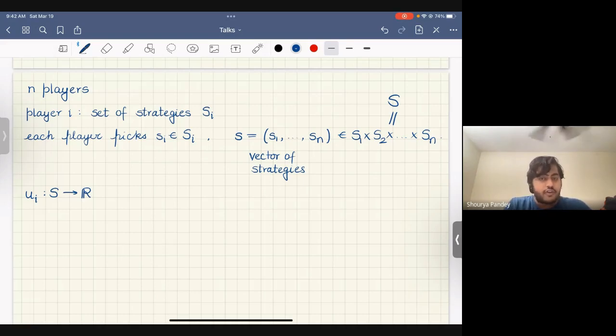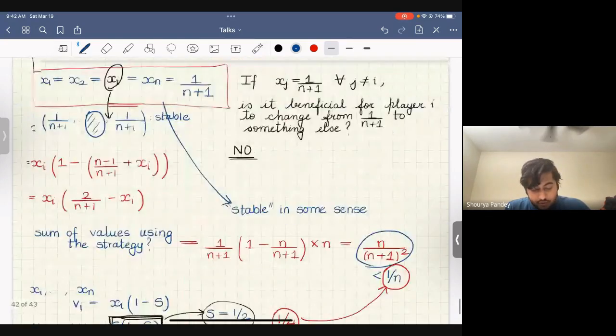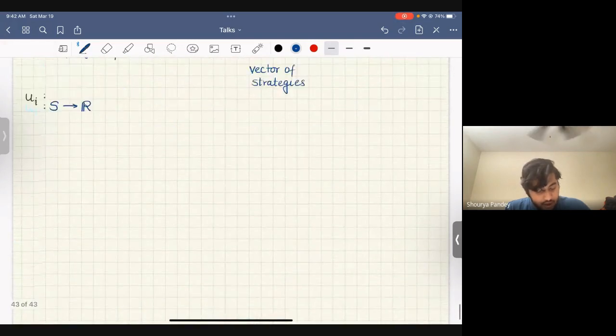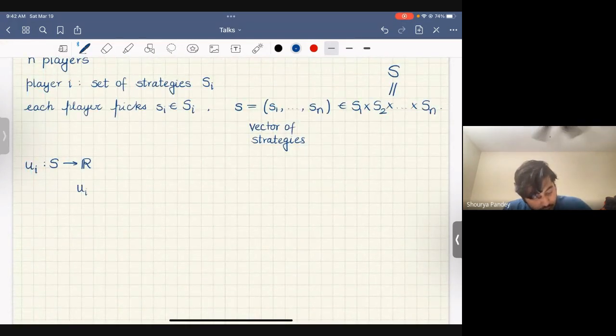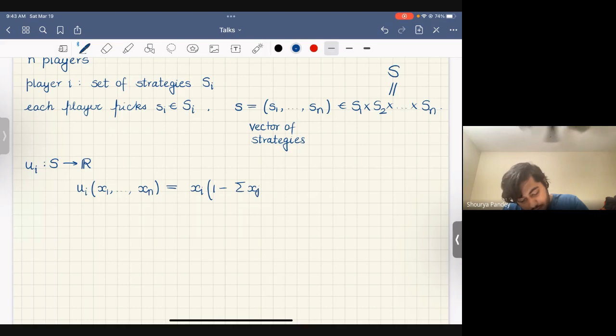For example, in this second example, we had ui of x equal to xi times 1 minus the summation of xj. So this was like a payoff.